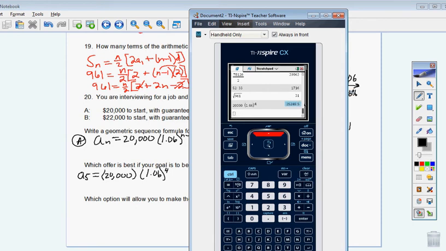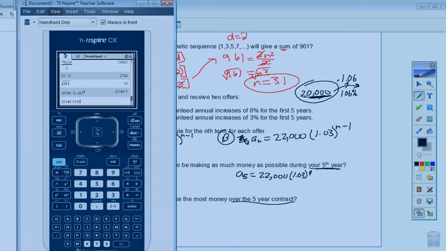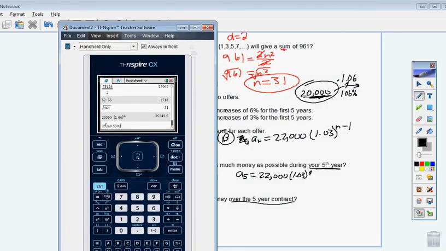I want to highlight it and hit enter. You always want to do that, because it rounds a little bit more than you want it to. So that number says, if I'm reading this right, $25,249.54. Okay, again, that's just in the 5th year.